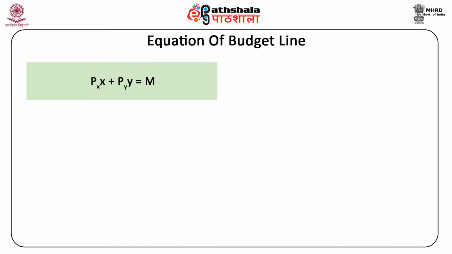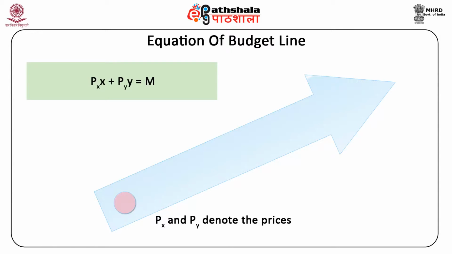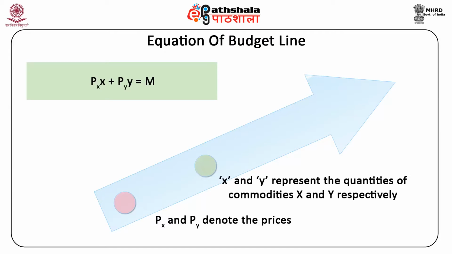Px into x plus py into y is equal to m, where px and py denote the prices and x and y represent the quantities of commodities x and y respectively, and m stands for money income.